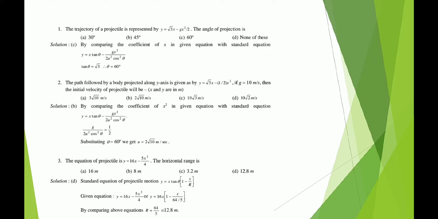Compare with it. y is equal to x tan theta into 1 minus x by R. Given equation y is equal to 16 x minus 5 x square by 4, or y is equal to 16 x into 1 minus x by 64 by 5. By comparing the above equations, R is equal to 64 by 5, which will give 12.8 meter.